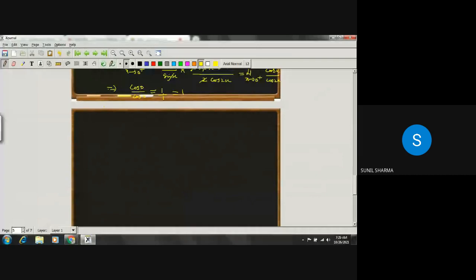Let us take another example. This is example number 5. Evaluate limit x goes to 1 negative log of 1 minus x square divided by cot pi x.